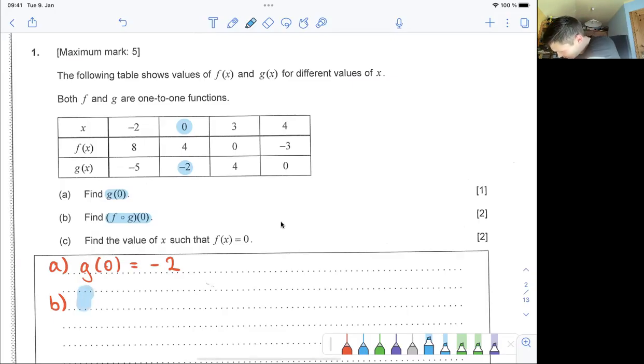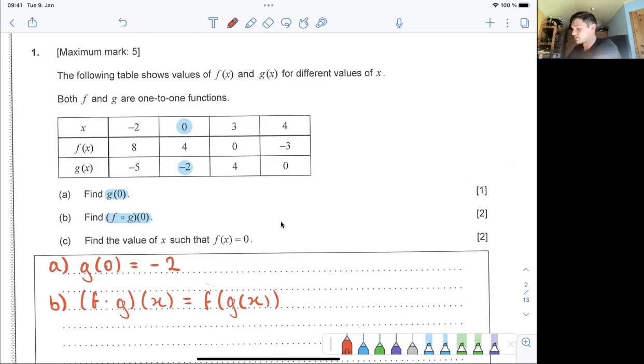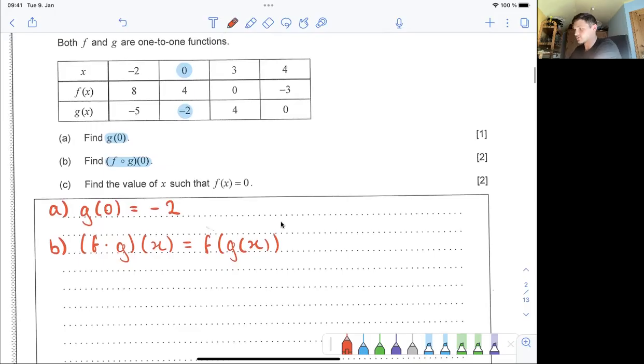Essentially, (f∘g)(x) is the same as writing f(g(x)). So we need to substitute x equals 0 into g(x), which we have actually done in part A. Then take that value of g(0) and plug that into f(x).